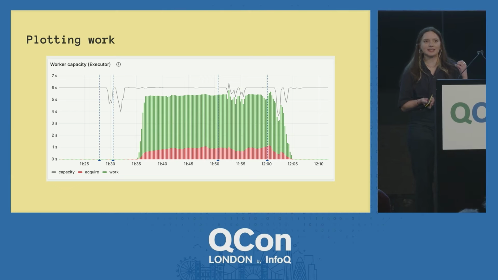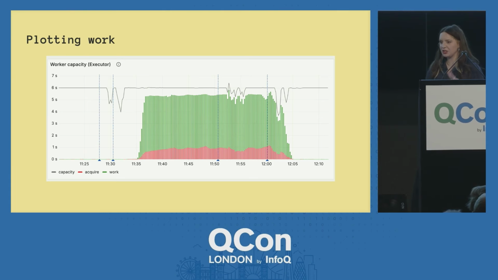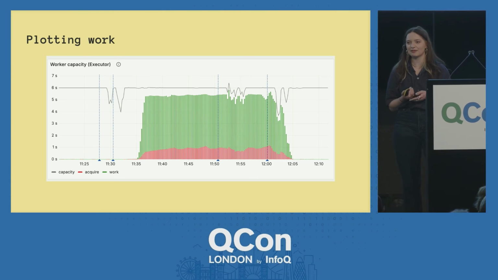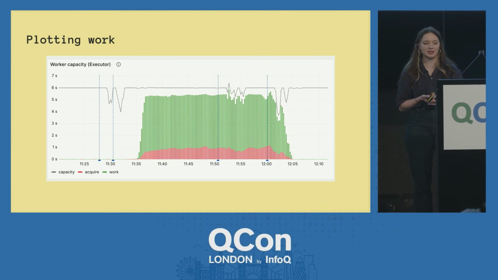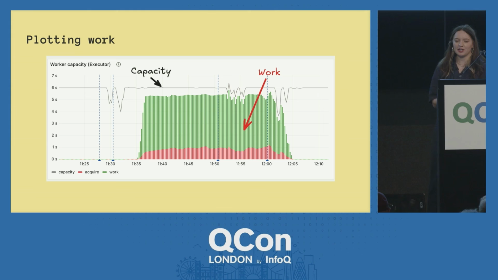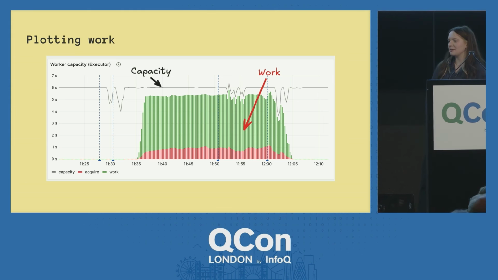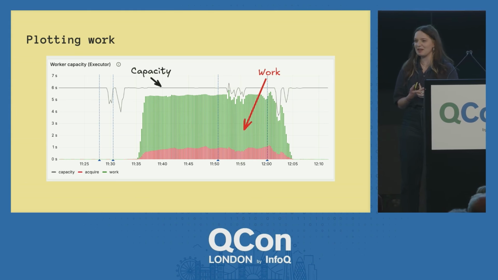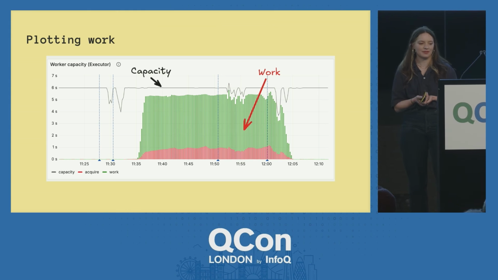So in our escalation system, we have 2 escalation workers per pod and 3 pods. That is 6 seconds of concurrent things at once. That means our capacity is that line at the top, and we are absolutely limited at 6 seconds, and it's impossible for us to do any more work than that.